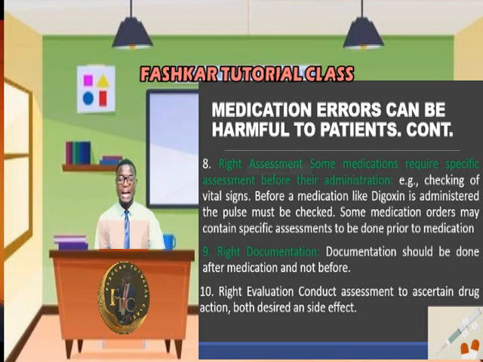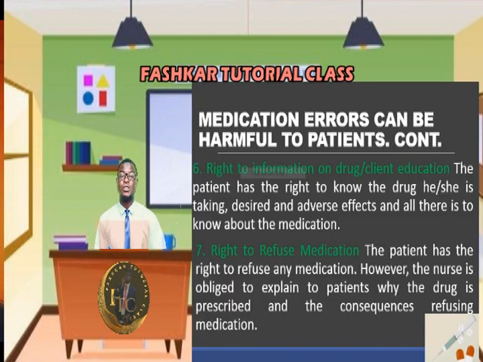Now the next thing you need to understand, apart from this, these are the 6 that I had mentioned. Now, right information on the drugs, right client education, right information. You are supposed to give patients information about the medication they are taking. Sometimes we don't tell them much about the medication they are taking, so give the patient the right information.